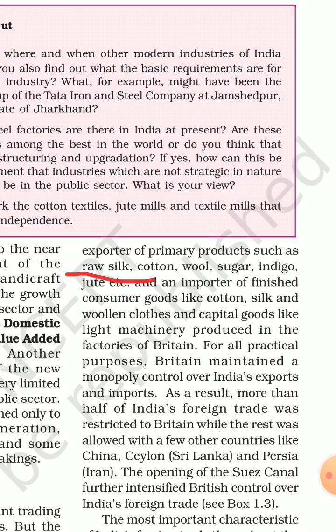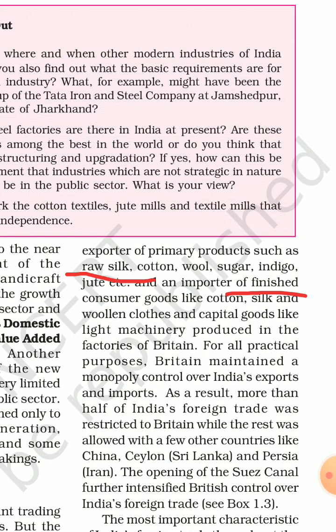Second, to change the status of India to importer of finished goods. Exporter of raw materials and importer of finished goods. So this happened, and it is elaborated in this section. Exporter of primary goods and importer of finished goods.